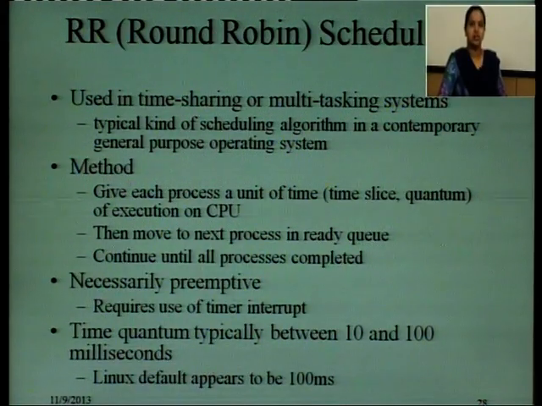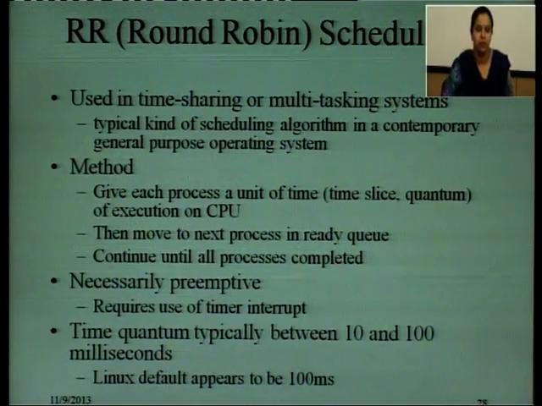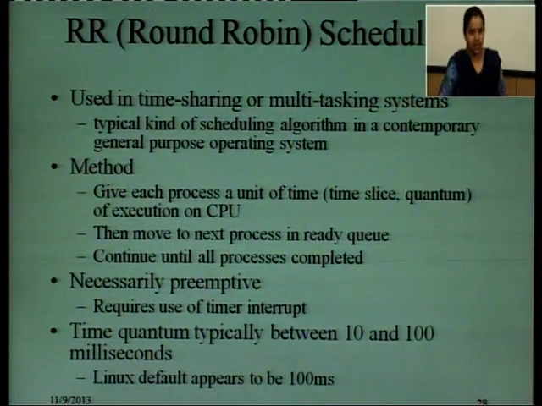We set the time slice or quantum of execution on the CPU, then move to the next process in the ready queue, and continue until all processes are completed. It is necessarily preemptive because it requires the use of a timer interrupt. Time quantum is typically between 10 and 100 milliseconds, so we allot 10 to 100 milliseconds to each process.